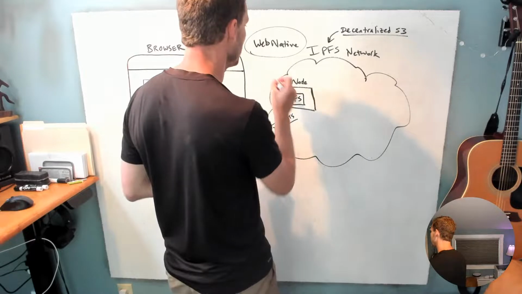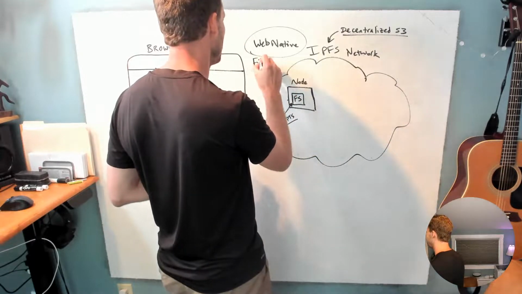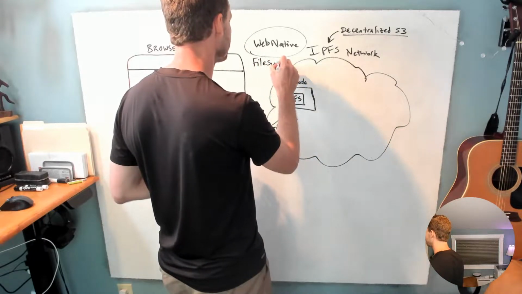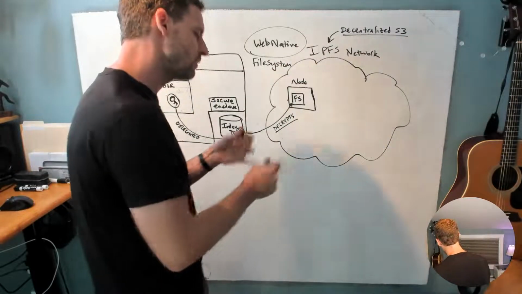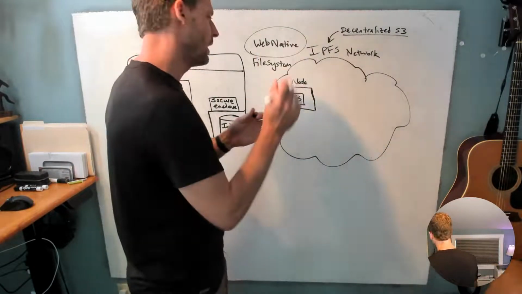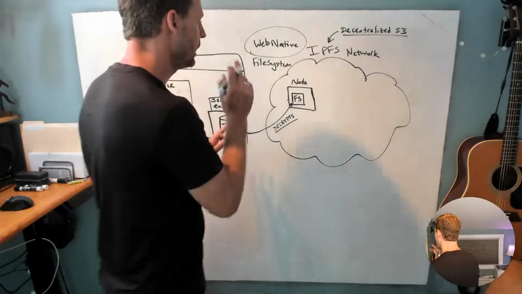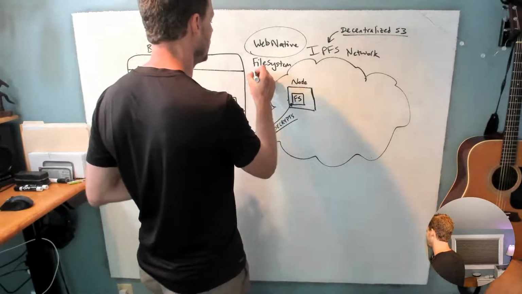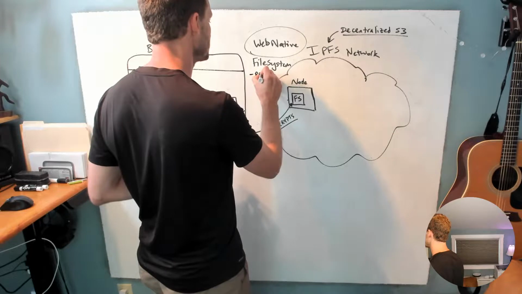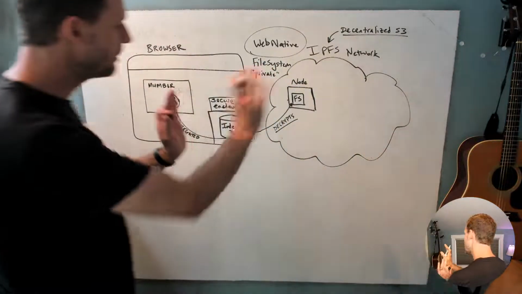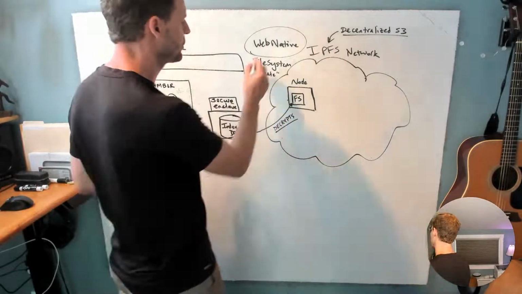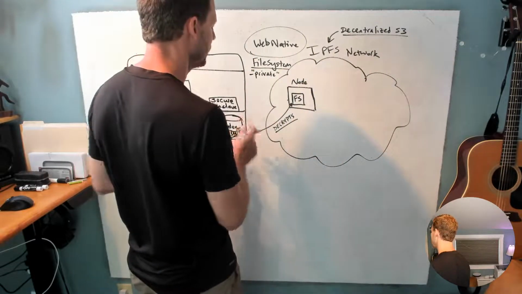It wraps this in a bunch of file system like handlers. So it provides support for things like directories, storing files in directories, and then very importantly, it also handles encrypted or private files. And so everything web native stores in the private part of the file system is actually encrypted.